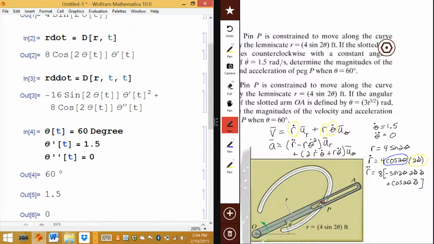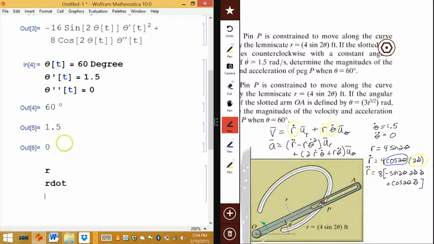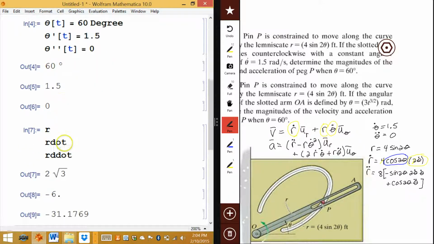So we'll hit enter on that. So now I know what theta dot and theta double dot are, and so I can find what r dot and what r double dot are, since I have numbers for the others.